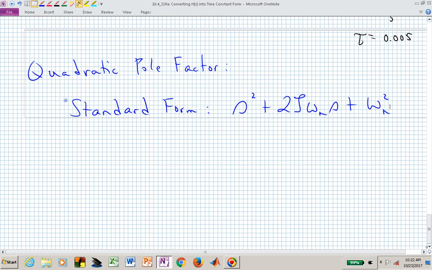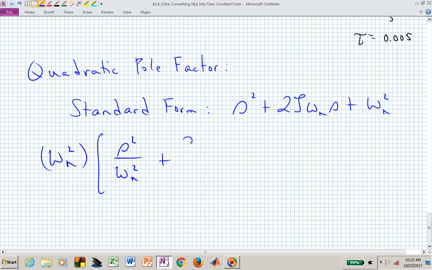If we actually factor out that omega sub n squared, which is what we've already done, then we end up with s squared over omega sub n squared plus 2 zeta omega sub n s, and now it might be easier to write omega sub n squared as the product of omega sub n times omega sub n, and we'll break that into two pieces.